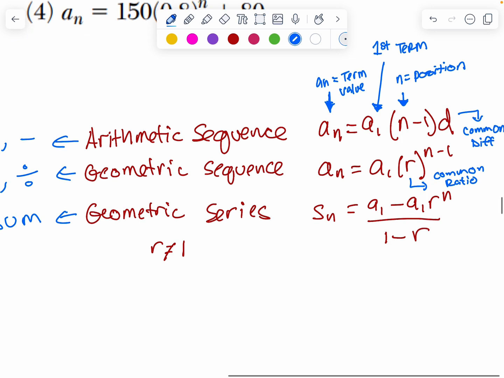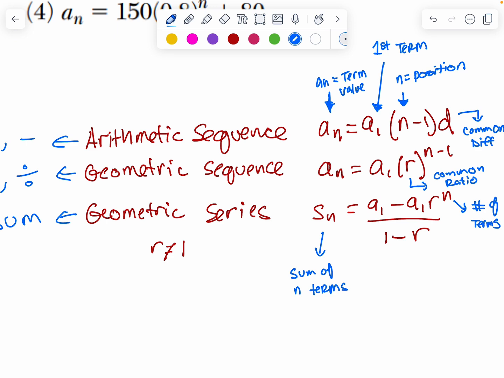In the series formula, S sub n stands for the sum of n terms, n number of terms. So the sum of the first 12 terms, the sum of the first 20 terms. So n again is the number of terms you're looking for.